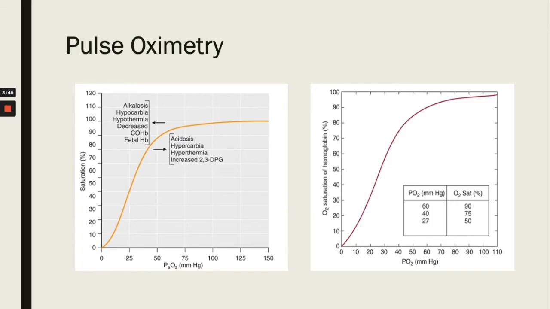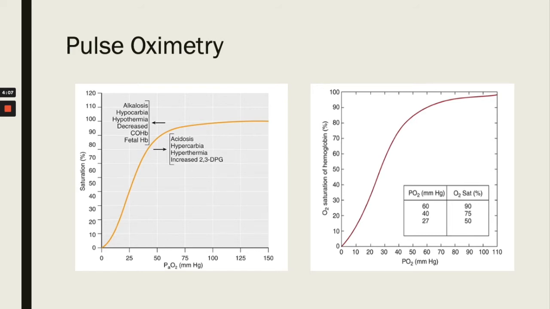All right, so moving on to pulse ox. As a quick review, this is our standard dissociation curve. We know that the SaO2 is a function of the PaO2, and the saturation of hemoglobin in arterial blood is related to the arterial partial pressure of oxygen.